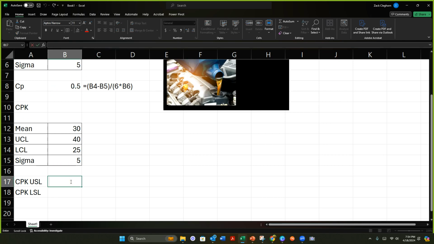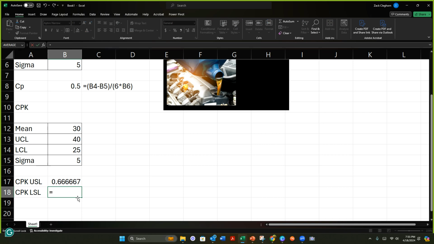Okay. So when we look at this, equals our USL minus the mean, divided by 3 times the sigma value.